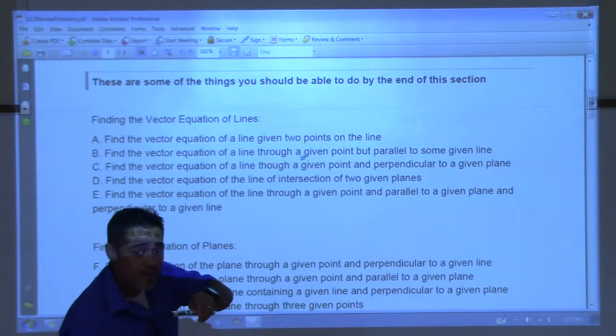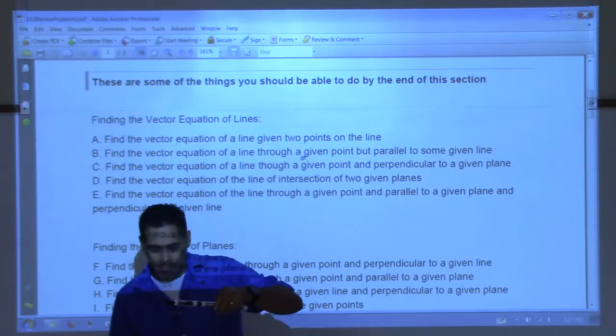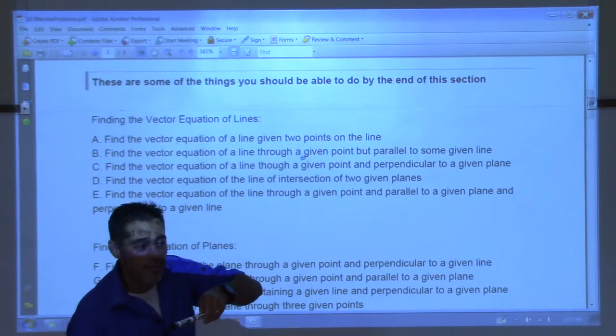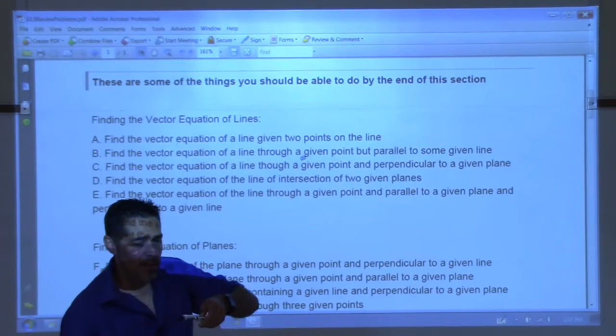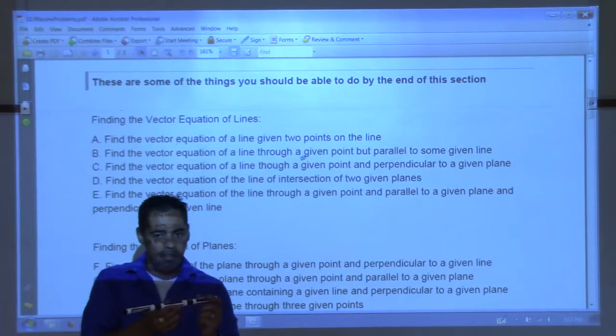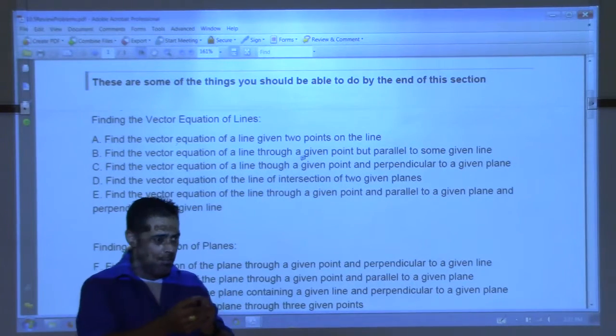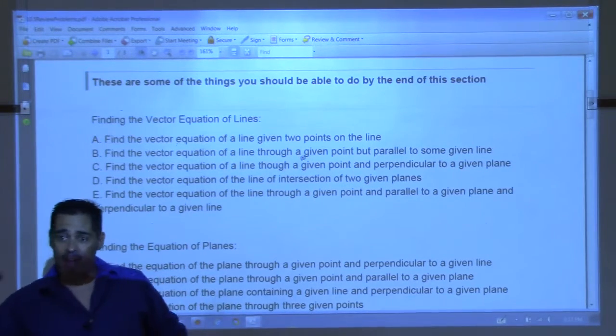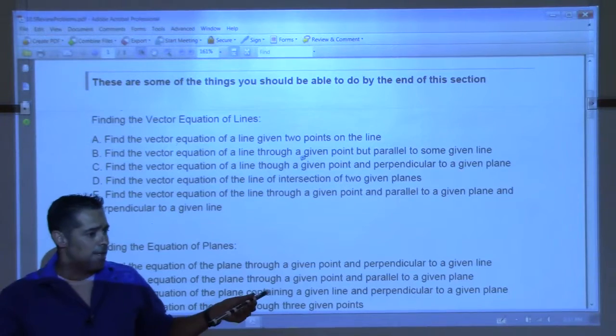Parallel to the plane, but what is that? Orthogonal to that normal, right? So the direction vector we are looking for must be orthogonal to that normal and orthogonal to that line's direction. So how do we get it?